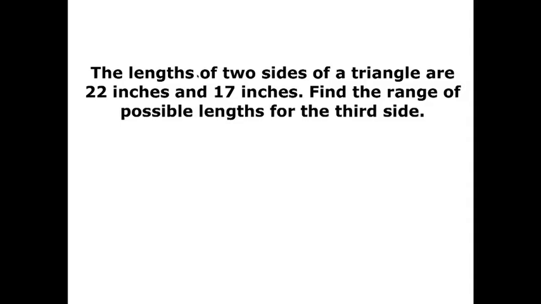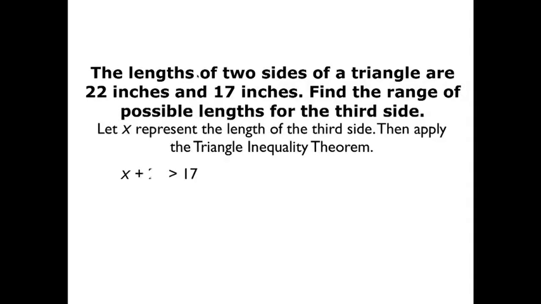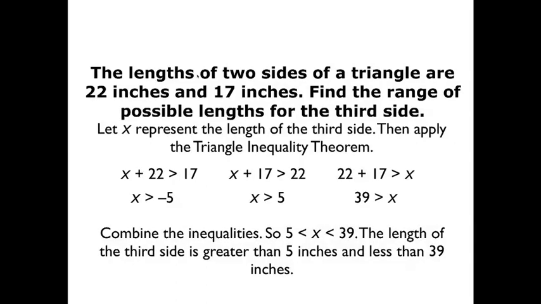Now I'll show you all 3 inequalities in this case, and show you that I was right by just doing the simple add and subtract method. Here's the setup for all 3. Once again, I have one of the useless ones where I had to get a negative number for a side, since that can't happen and actually be a triangle. Look what I had to be: x had to be greater than 5, and x had to be less than 39, reading that from right to left.